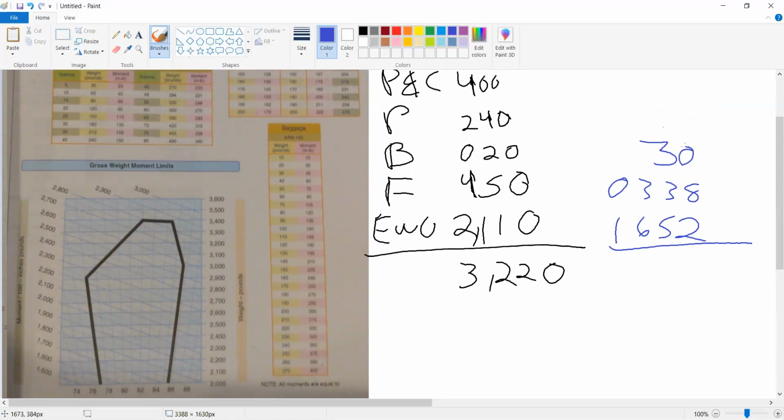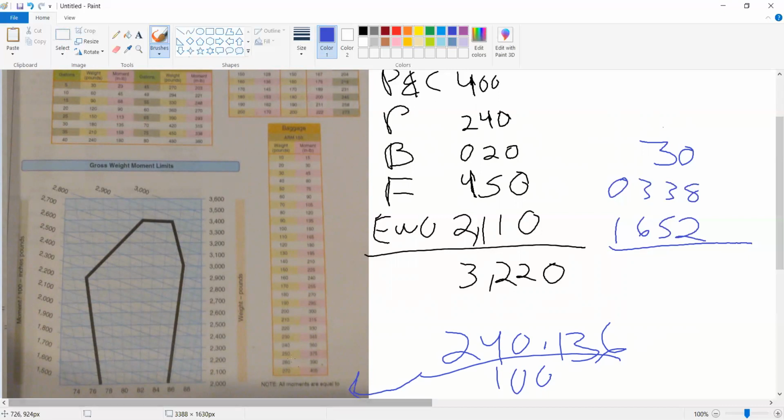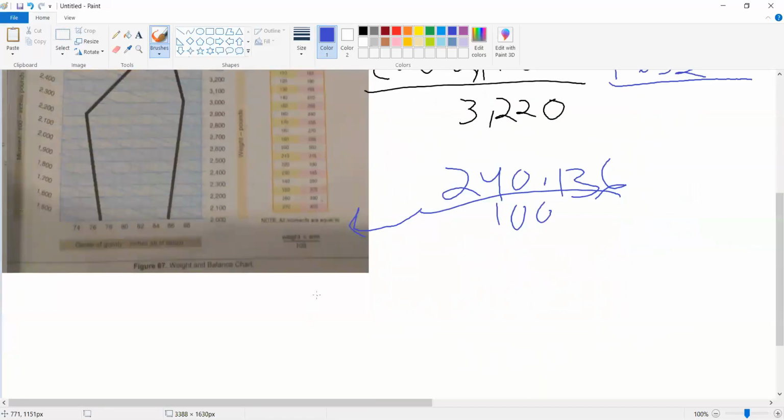Okay, passengers, 240. Passengers are in the rear. Is the answer given? Oh no, it's not. So we have to do some math. No problem. It's going to be 240 times 136 over 100, because that indicates it right there.